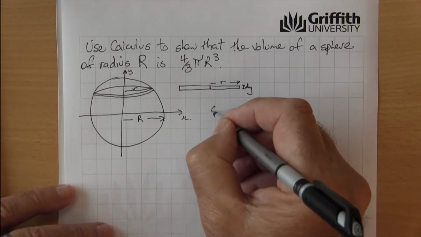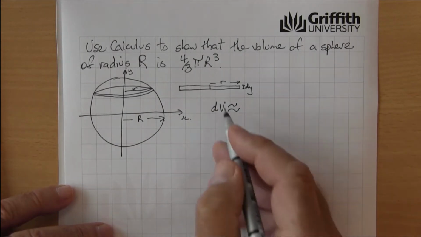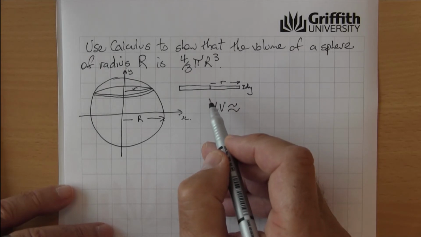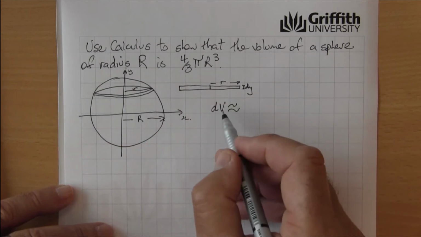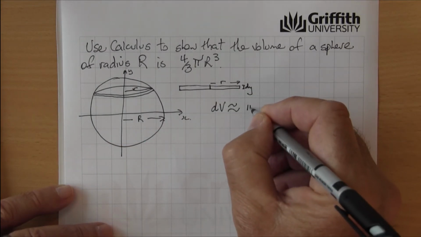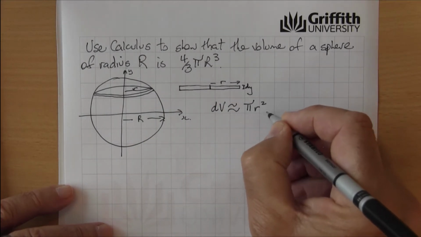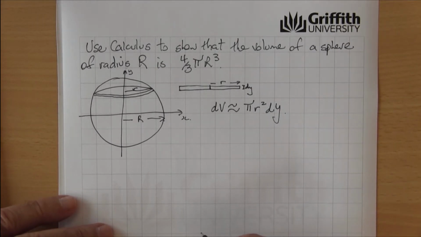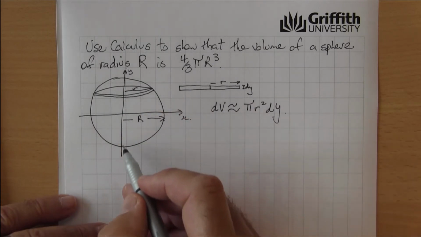And so my volume, which I'll call dV, is approximately equal to, and once again that sliver is going to be very much like a cylinder with vertical sides if we take it very, very thinly. So dV is approximately equal to pi, the radius of that sliver is r squared, times dy. Okay, now what I want to do is add up all those slivers.